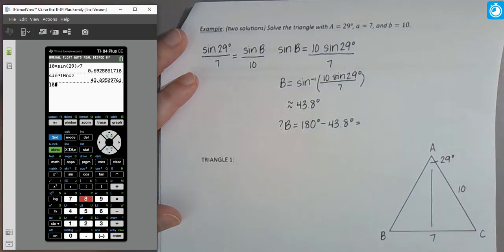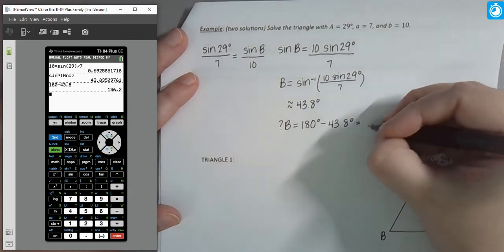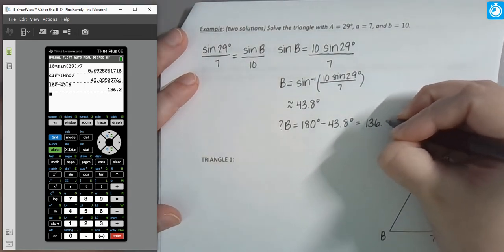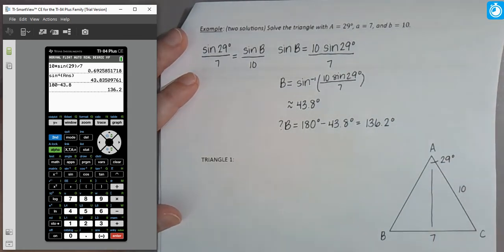So 180 minus 43.8 gives us 136.2 degrees. Now we have the same kind of dilemma as before.